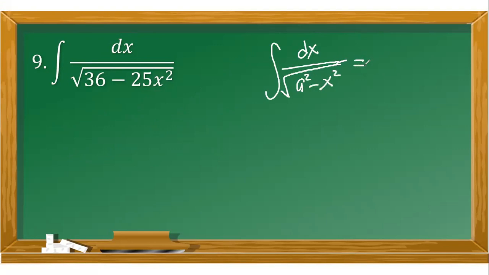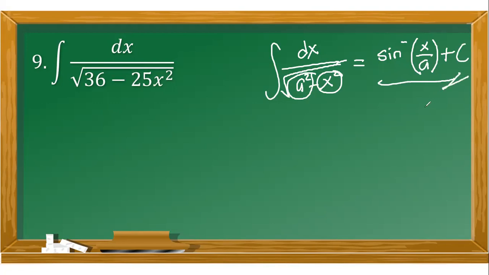The integral of that form is inverse sine of x over a. So the square root of the second term, then the square root of this a. So plus c. Simple as this. So it is in that form, so that is the formula we will use.